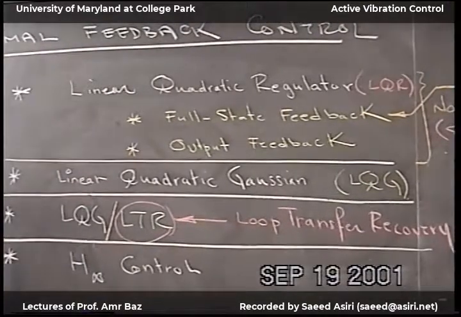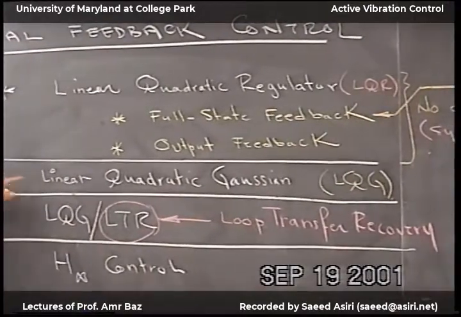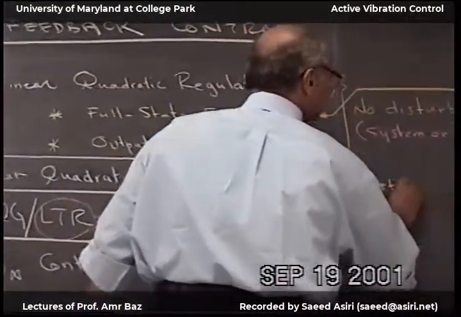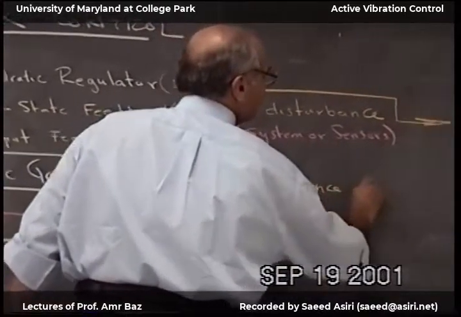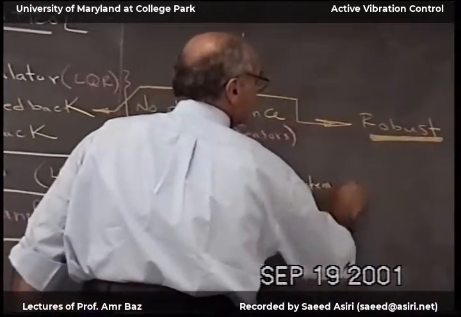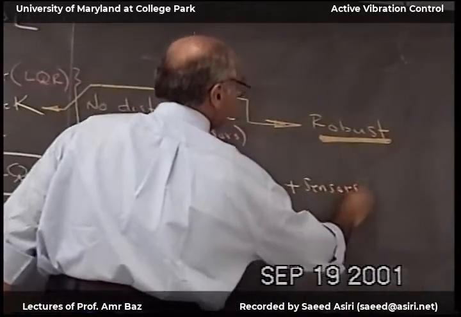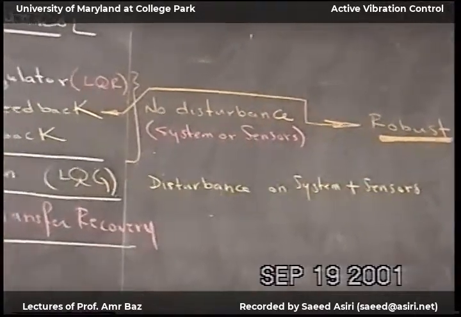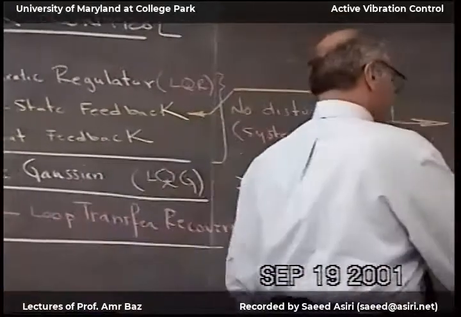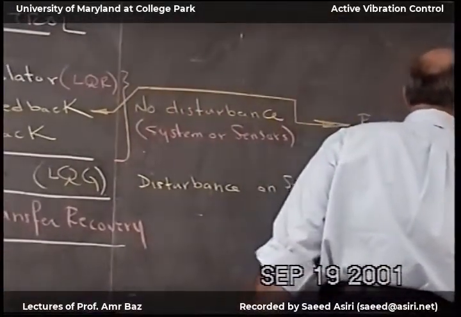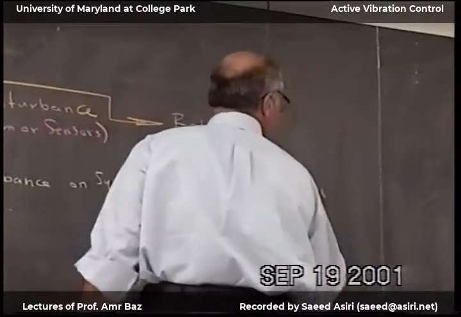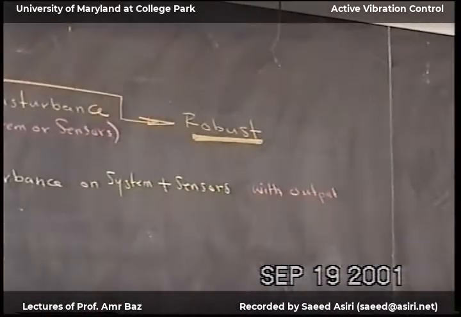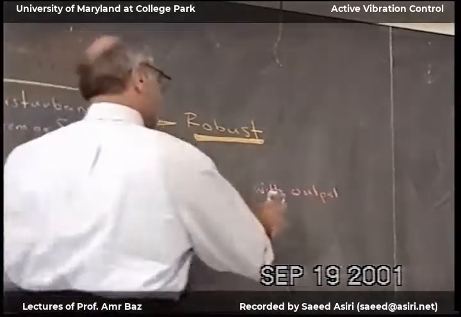Now, we go to a more realistic problem, where we have disturbance on the system and sensors, and also we have output feedback. I should say output feedback with a limited number of sensors.